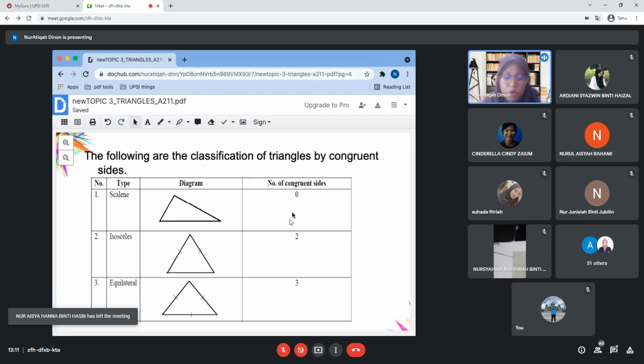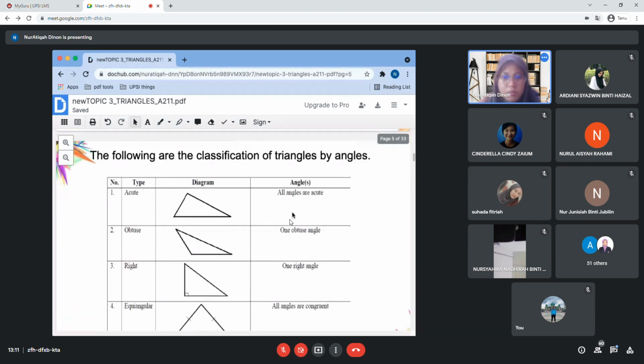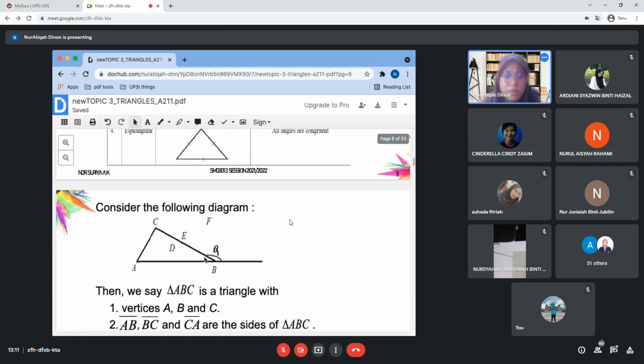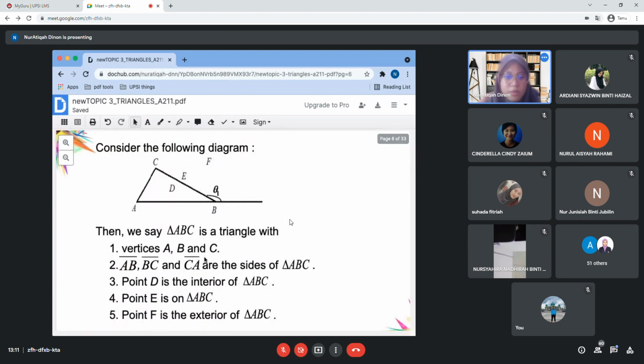As you know, congruent means equal measures. When we classify the types of triangles, it is based on their angles. And then this part I think is quite clear.